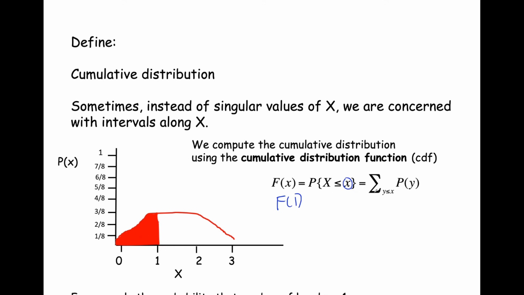And how you calculate that is you sum. You sum each one of the values up to and including x in this particular case. And so this cumulative distribution function, or CDF, is the tool we use to talk about complex events described by random variables.